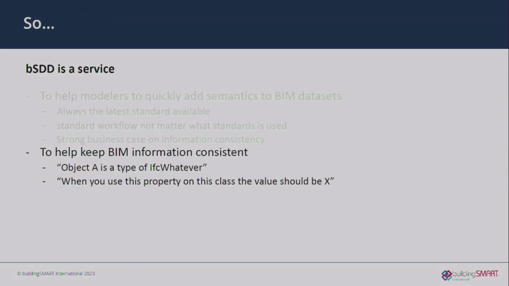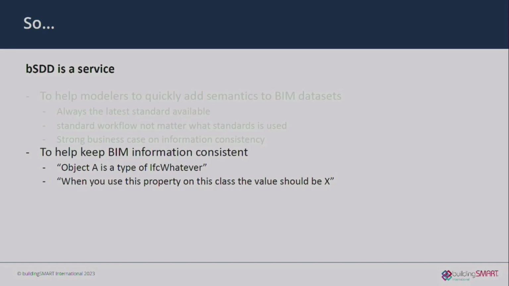Thanks to this technical sidestep, we can also help to keep this BIM information consistent. So when I have a classification code in the bSDD called 2122, and according to the data dictionary links to IFC, 2122 is a load-bearing outer wall, so it needs to have a property load-bearing and is external, and the values of that need to be true.